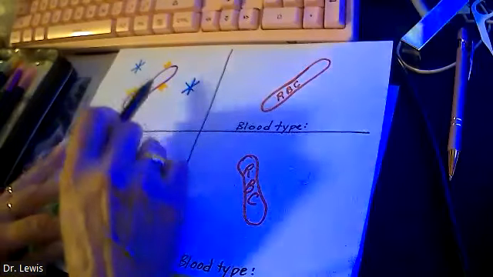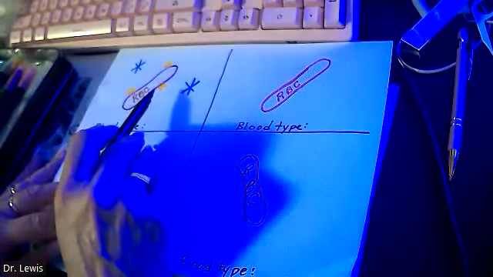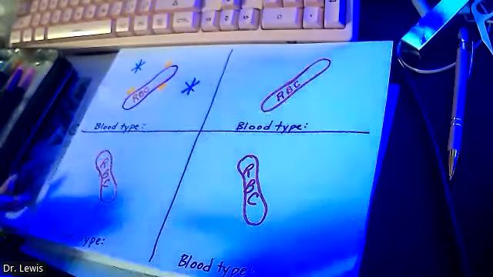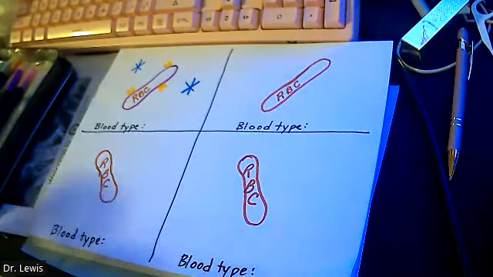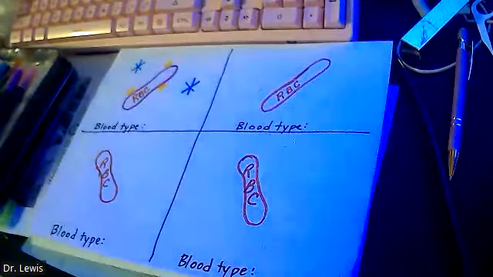The antigen A is marked here on this red blood cell.